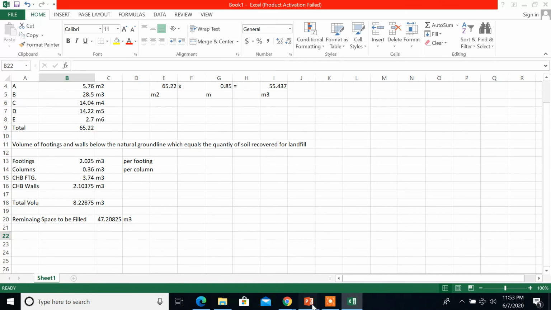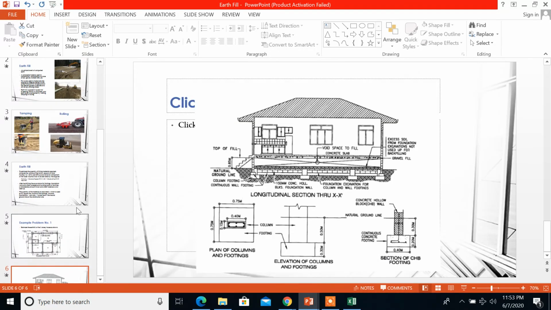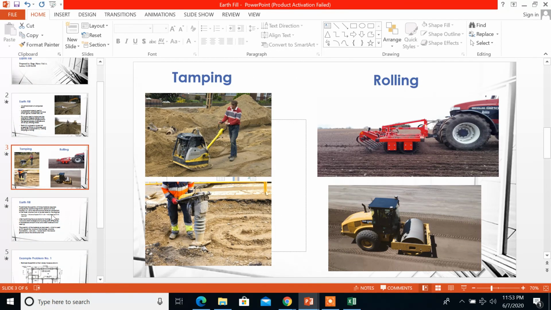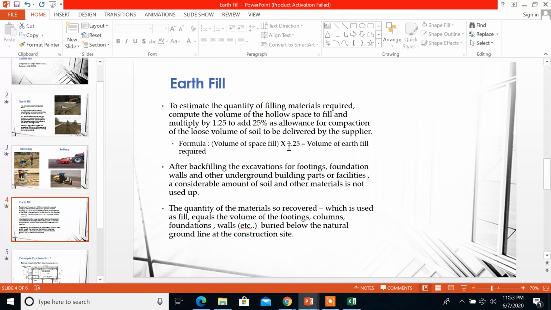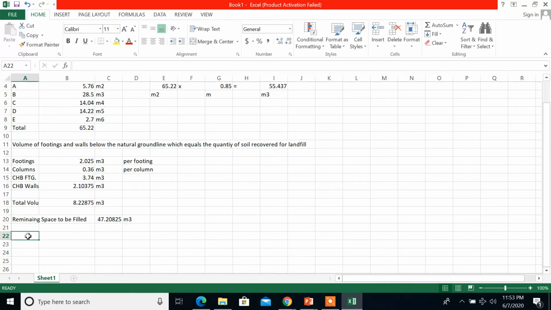So, based from the principles of earth fill, ang sabi, volume of space fill times pa natin siya ng 25% as allowance. So, volume of earth fill required is equivalent to 47.20825 times 1.25.